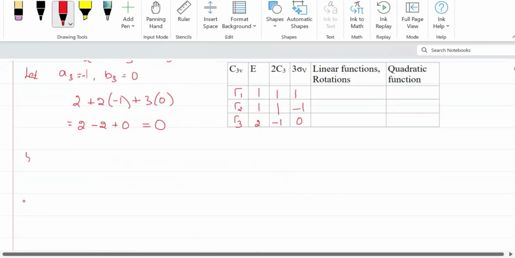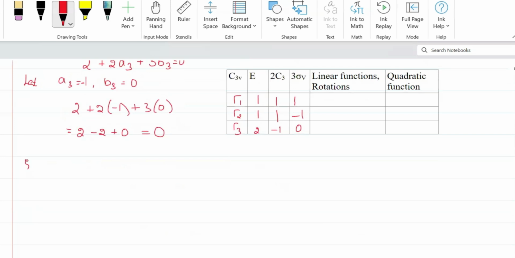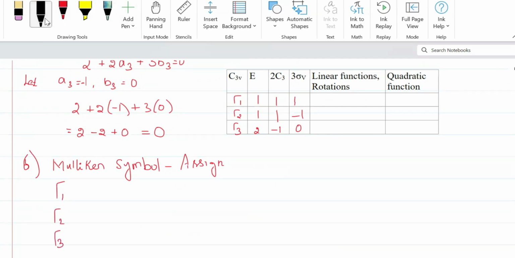I hope this is the 6th step: assigning the Mulliken symbol. So the Mulliken symbol for the irreducible representations 1, 2, and then 3. The first one is one dimensional.